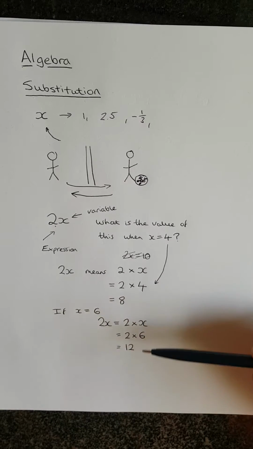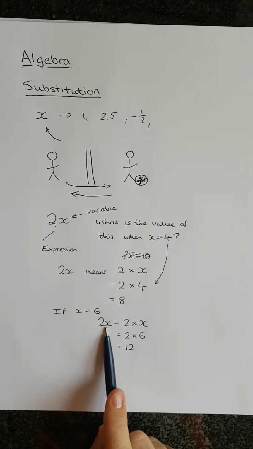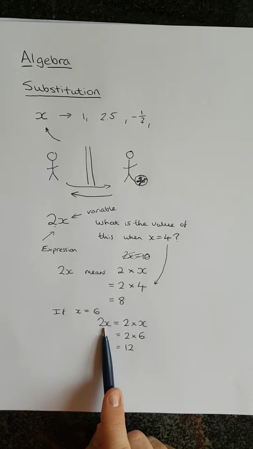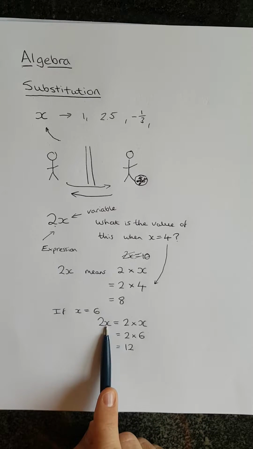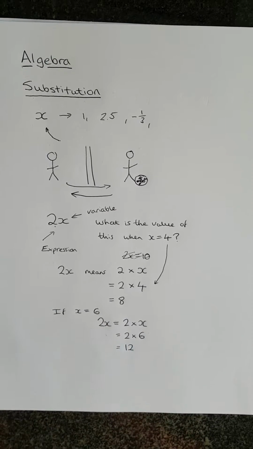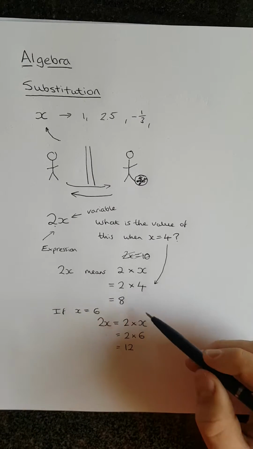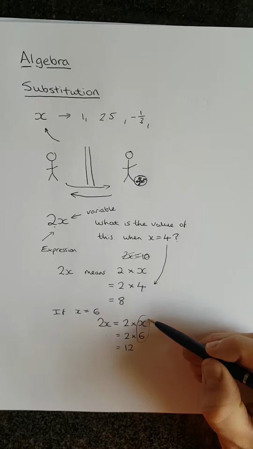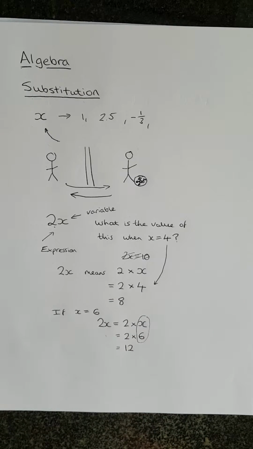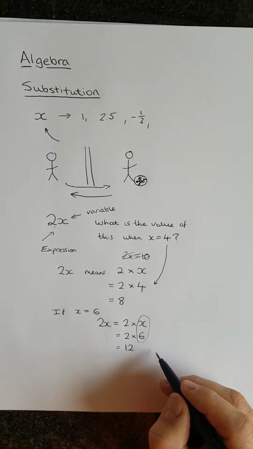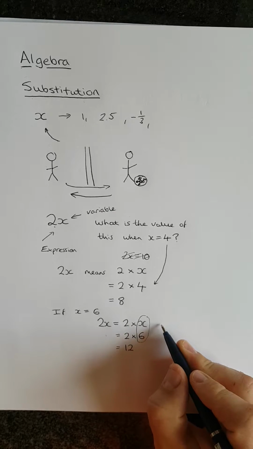You'll notice how I'm setting this out here. I'm taking the expression, writing it out longhand. I'm then substituting the number in for the value. Then I calculate afterwards.